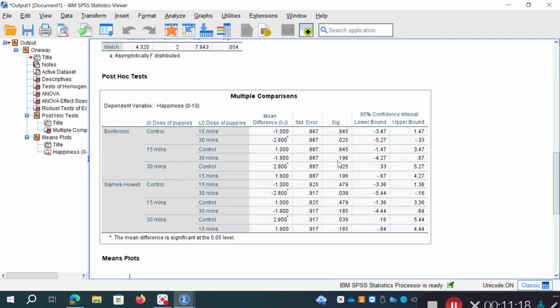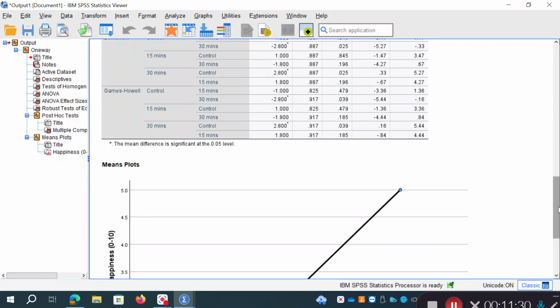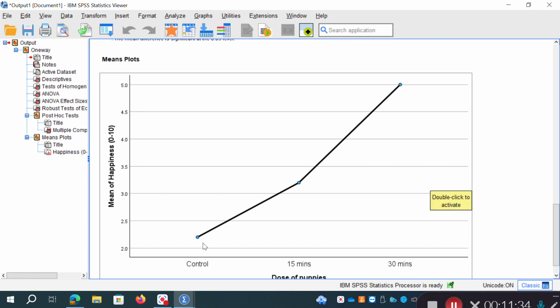So what we're seeing here is of the three groups, there's only one pairwise comparison that's significant, and that's the control and 30 minutes. And to interpret what that means, we could look at our plot of means that we asked for. So what we're seeing here is that this control group mean and this 15-minute mean are not significantly different from each other.